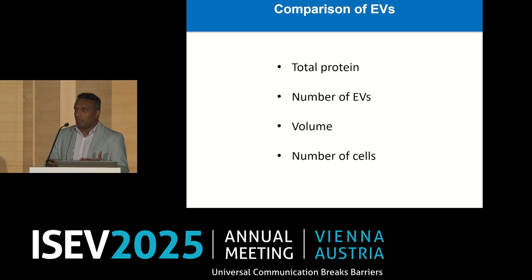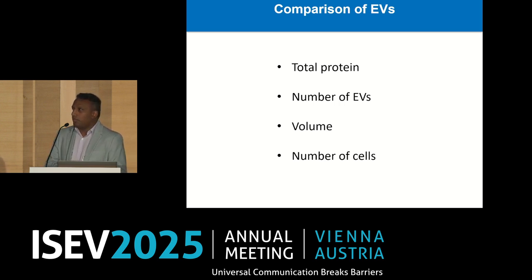You may need to normalize by the total protein amount between 2 samples or 3 samples. You can also normalize by the number of EVs between the samples. You can also normalize by the volume in some cases where you may not be able to normalize by the total protein or the number of EVs.